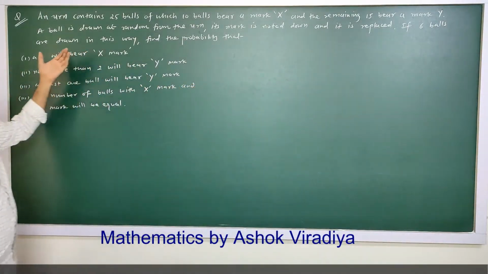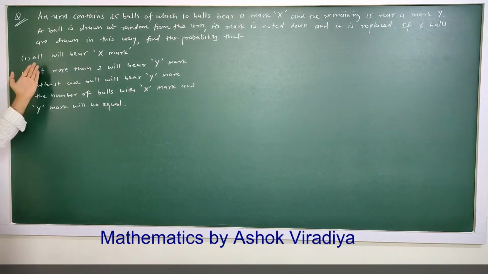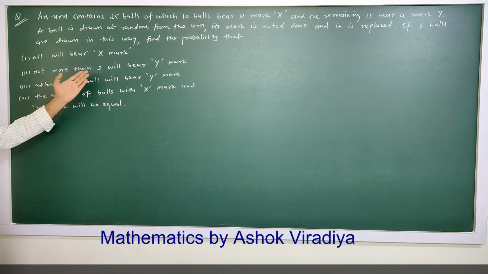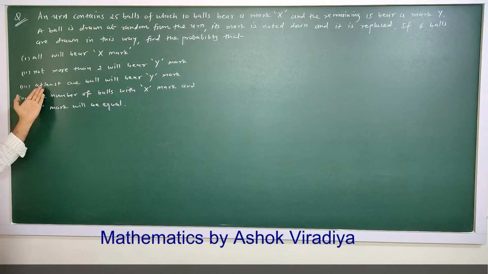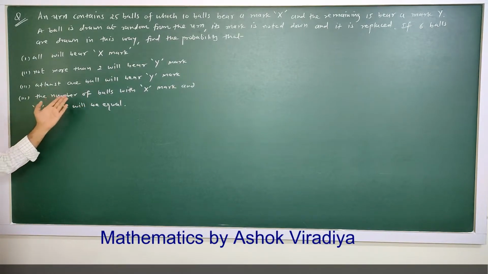If 6 balls are drawn in this way, find the probability that all will bear X mark, not more than 2 will bear Y mark, at least one ball will bear Y mark, and the number of balls with X mark and Y mark will be equal.